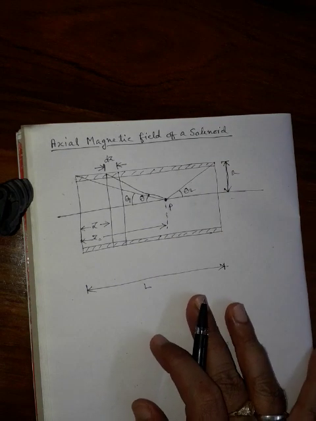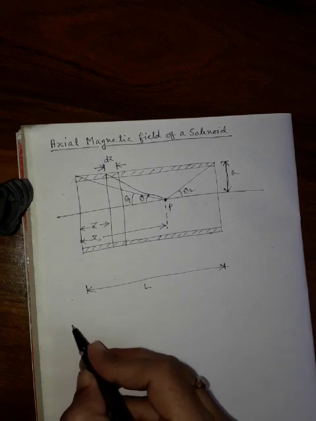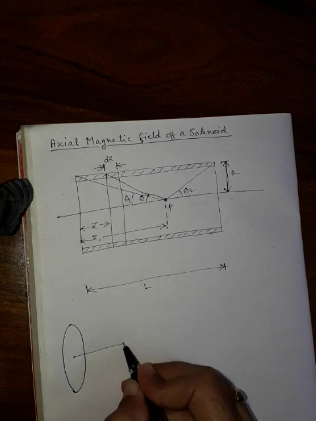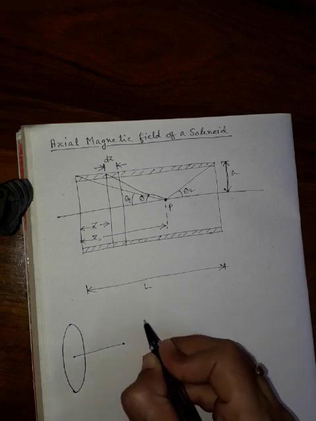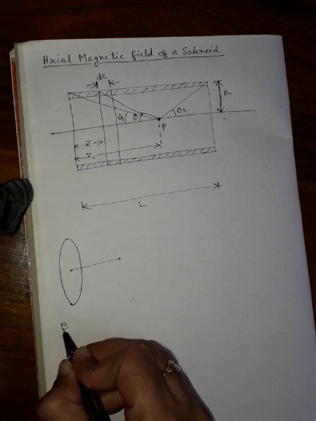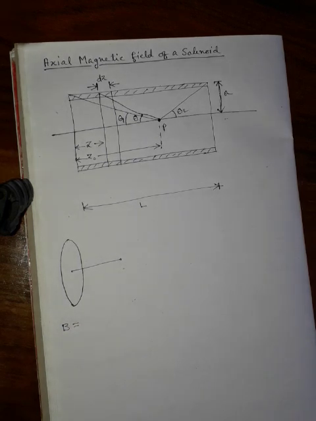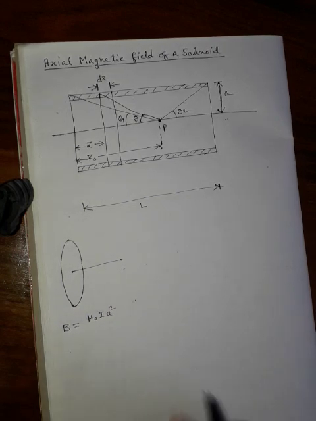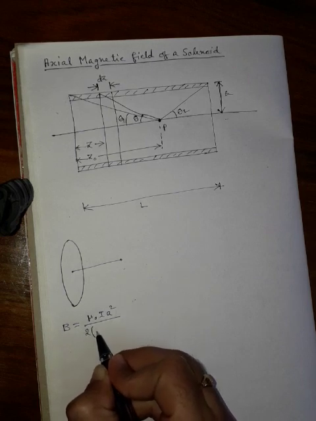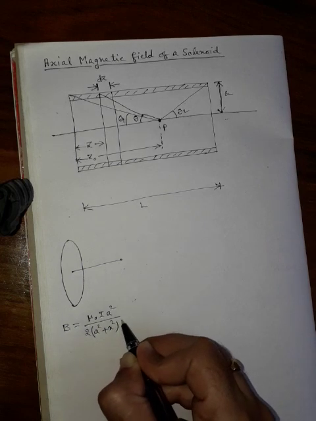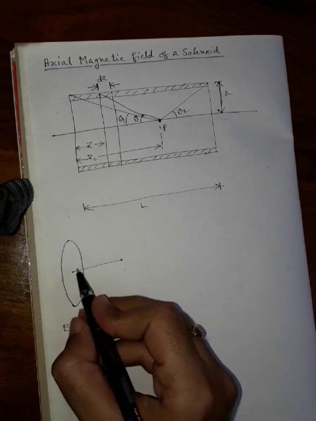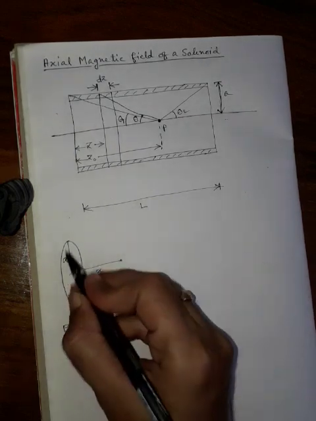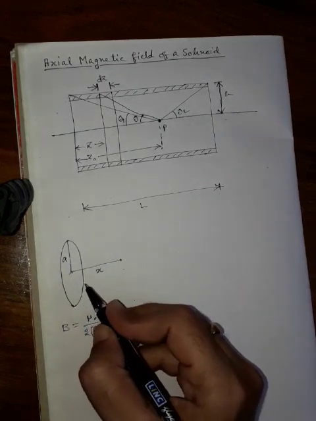First of all, we know from our previous discussion that the magnetic field due to a circular loop at some distant point is B equal to mu 0 I a square by 2 into a square plus x square whole to the power 3 by 2, where this distance is x, the radius of the loop is a, and I is the current passing through this loop.